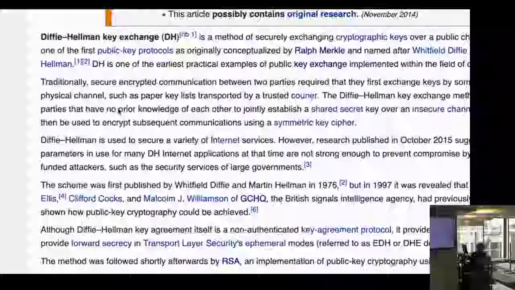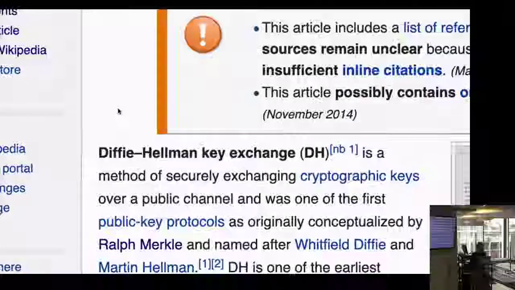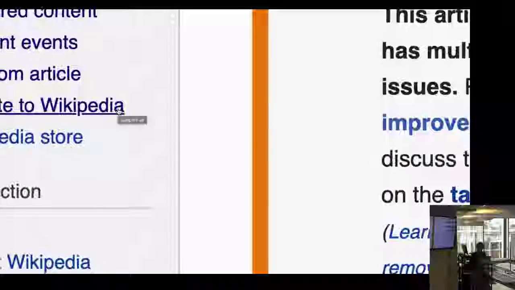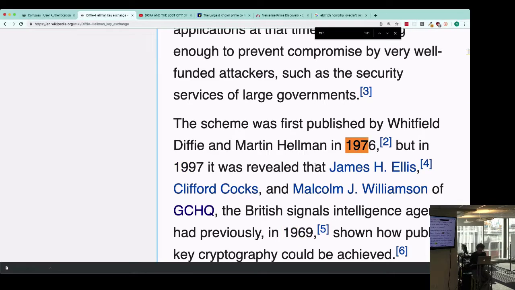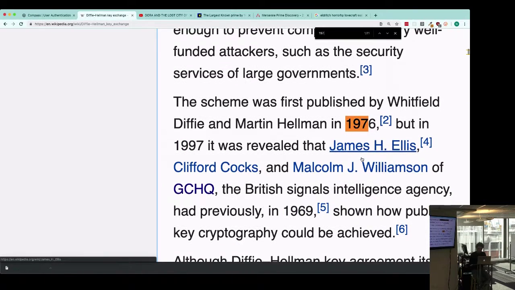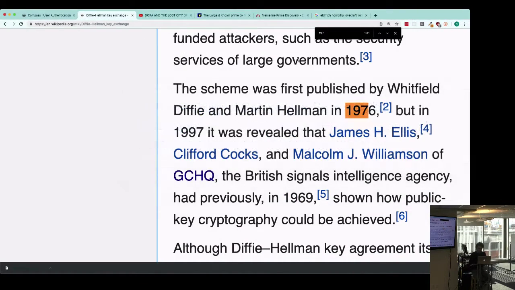Let me make this big because, I mean, this is straight up conspiracy theory stuff. The scheme was first published in 1976.